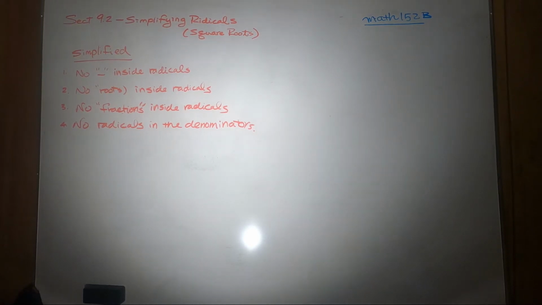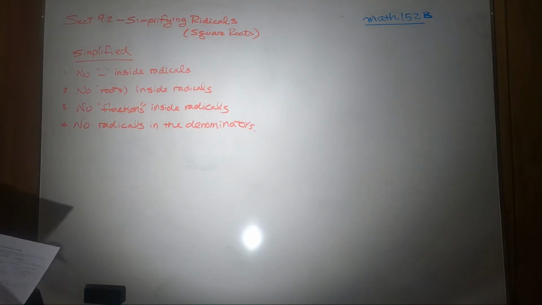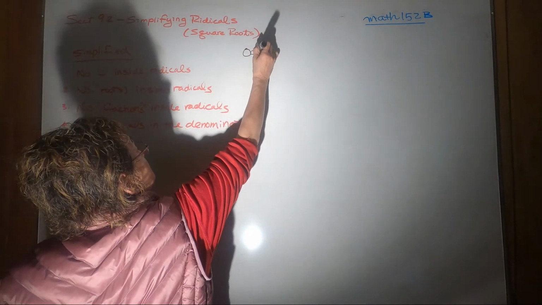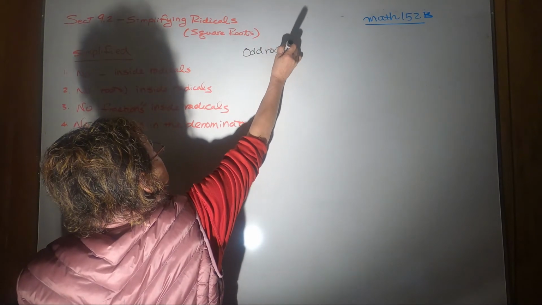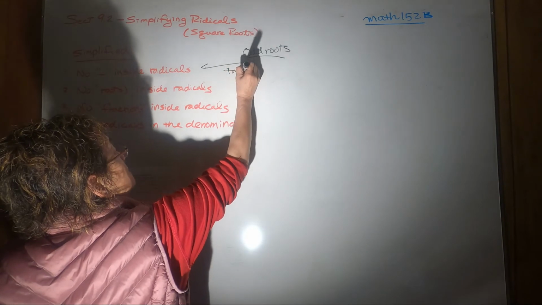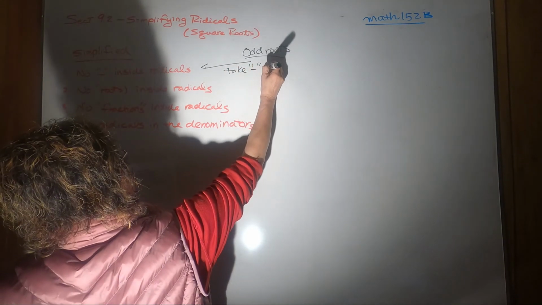For no negative inside the radical, if it's an odd root, we can just take the negative outside.